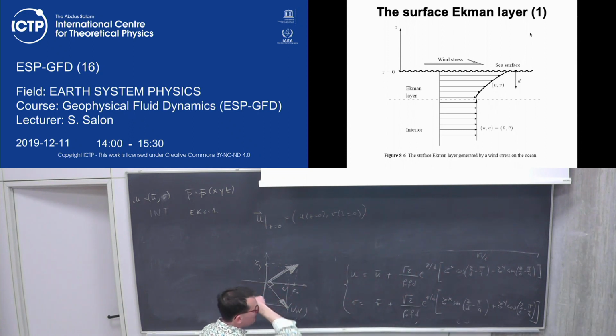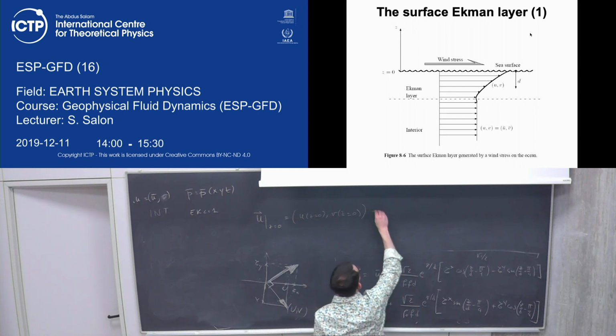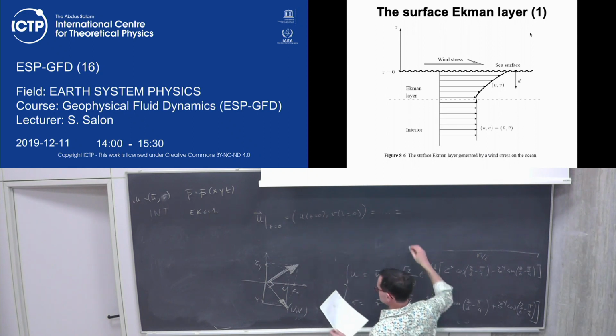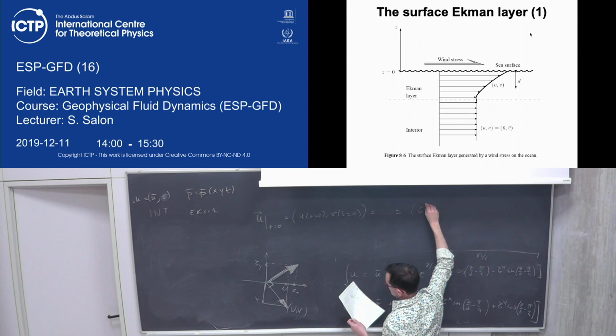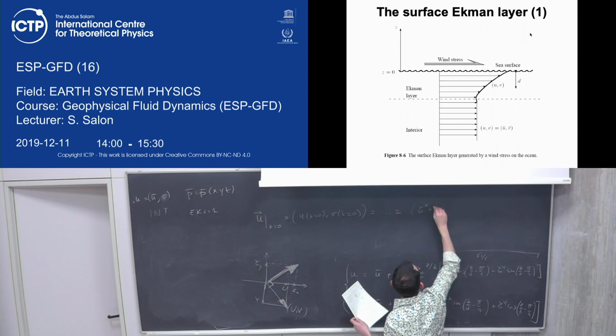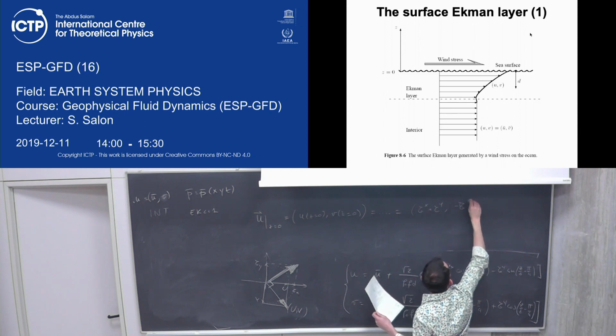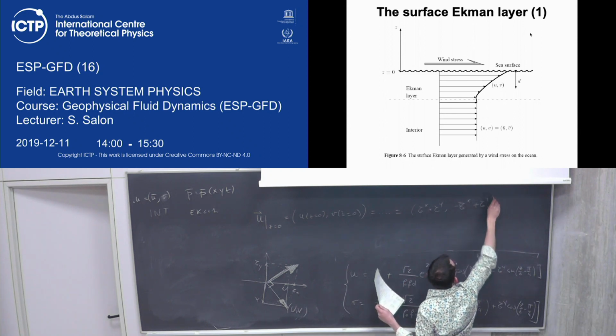So if, again, we make all the passages one by one, what we obtain is this will be proportional to tau x plus tau y and minus tau x plus tau y.